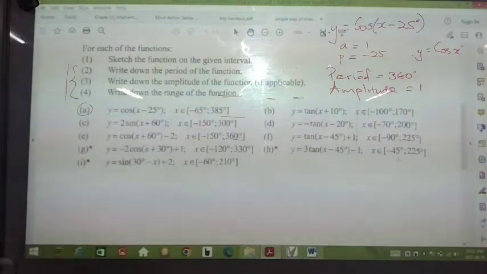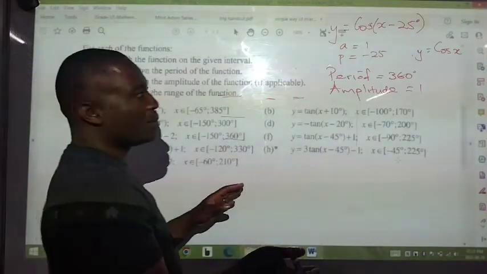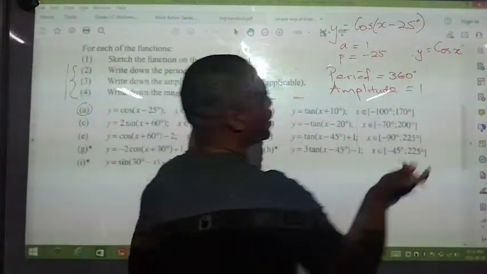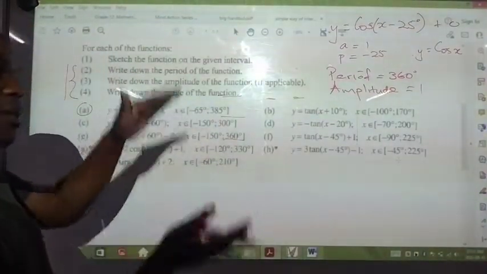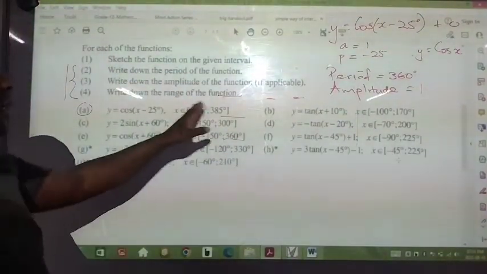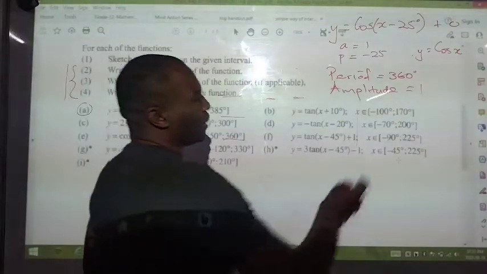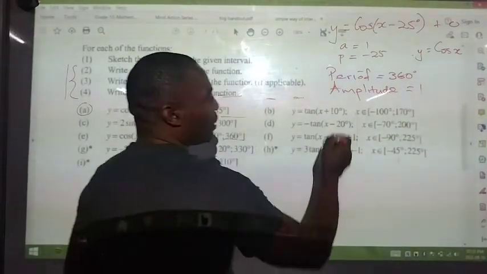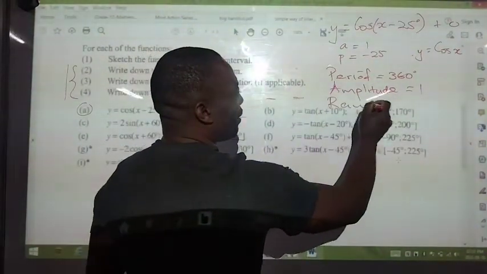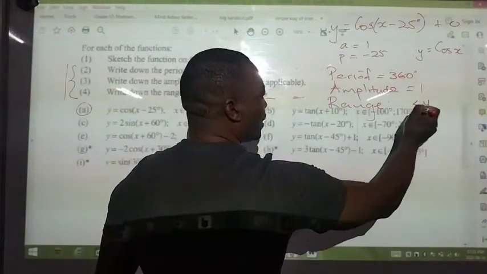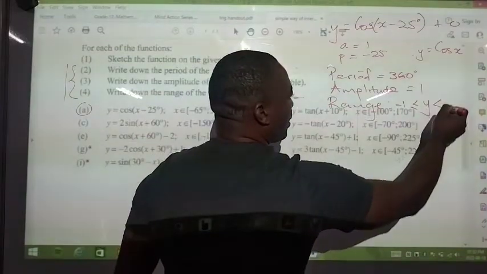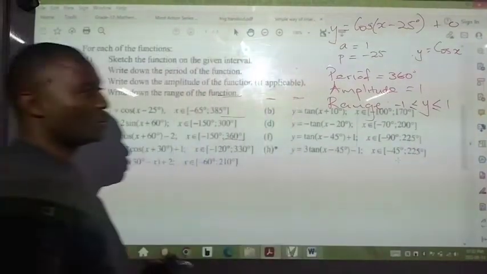Then the range of the function. Now there is no vertical shift. Our Q is 0. So if there is no vertical shift, it means that the range will be the same as that of the basic graph. So our range is y greater or equal to negative 1, less or equal to 1.